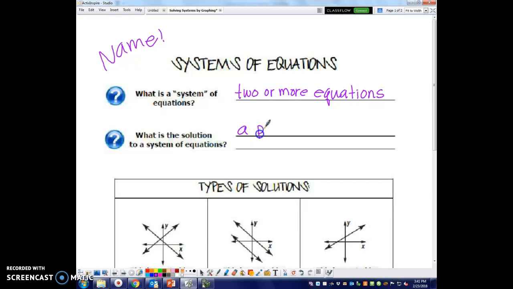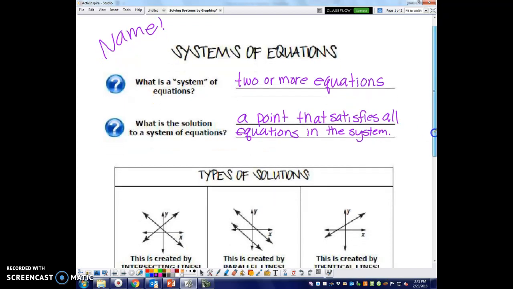It's a point that satisfies all equations in the system. Okay, a point that satisfies all equations in the system.